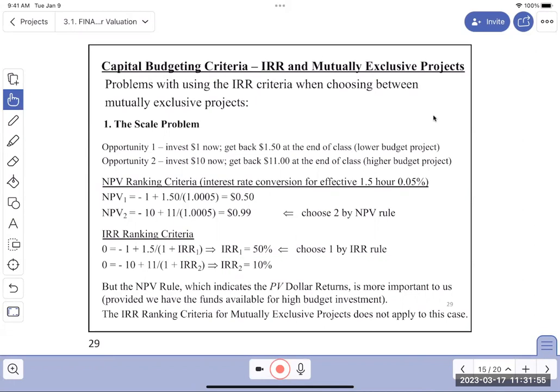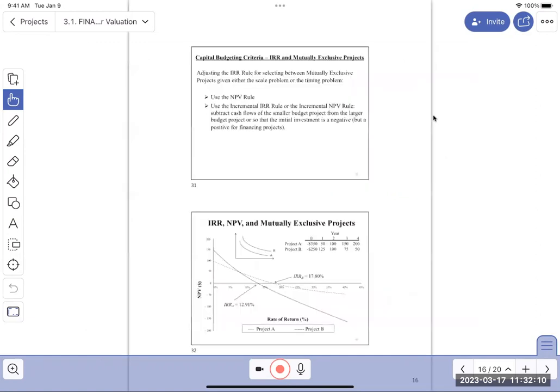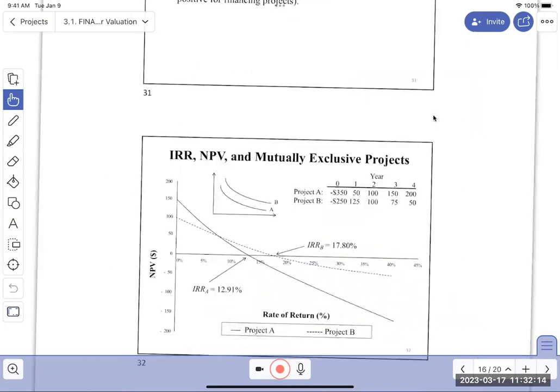It becomes very complex to try and pick between projects that have multiple IRRs as well. So what are we going to do? And I'll show you why there's a problem. Actually, graphically, I can show you here. And this is where we're going to go.